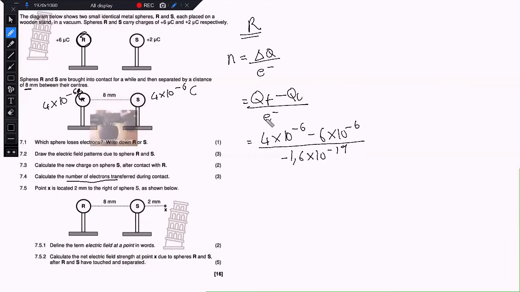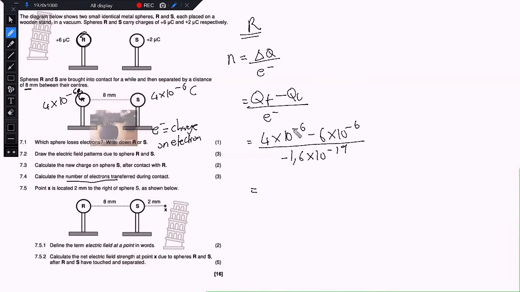So if you can just go and check this out, it is there in your formula sheet. It is the charge on electron, right? So the data sheet shows it as charge on electron, and it always has a value of negative 1.6 times 10 to the exponent of negative 19. It is a constant. Now, the reason I'm substituting it as a negative here is because when I subtract what's up here, it will give me a negative.